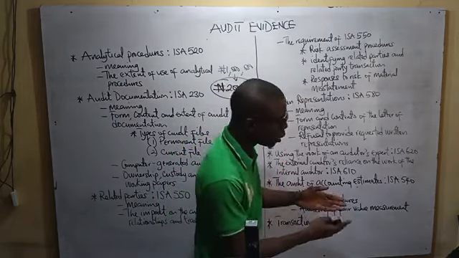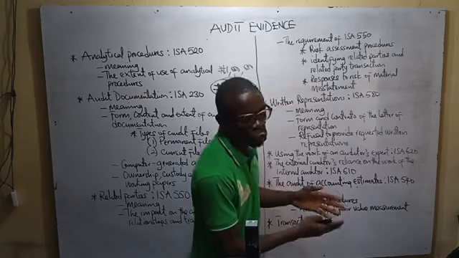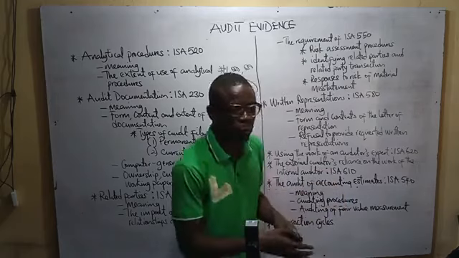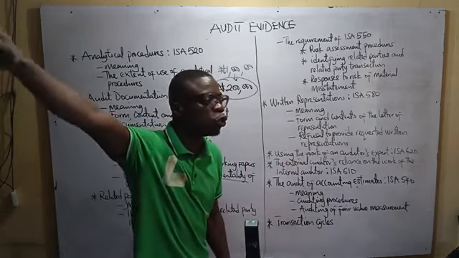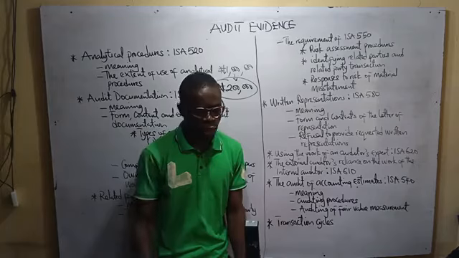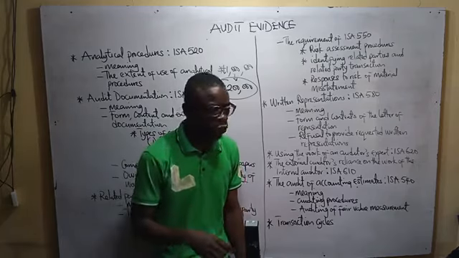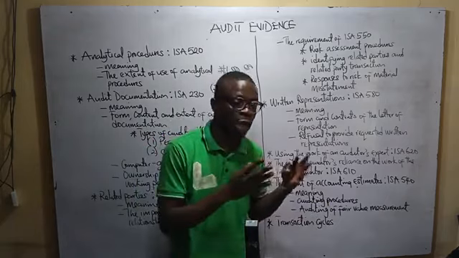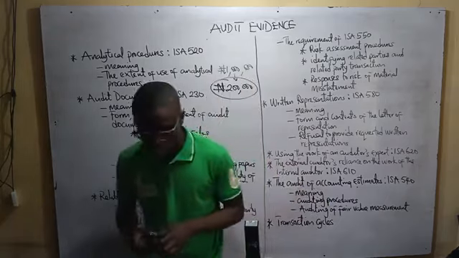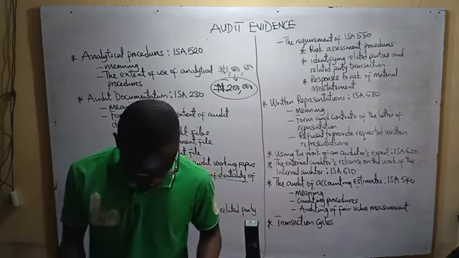If I want to use it as audit evidence, can I rely on it without the other one that they have refused to provide written representation on? That's what we are saying, because one written representation may actually lead to another. So you should look at the impact on other written representations.